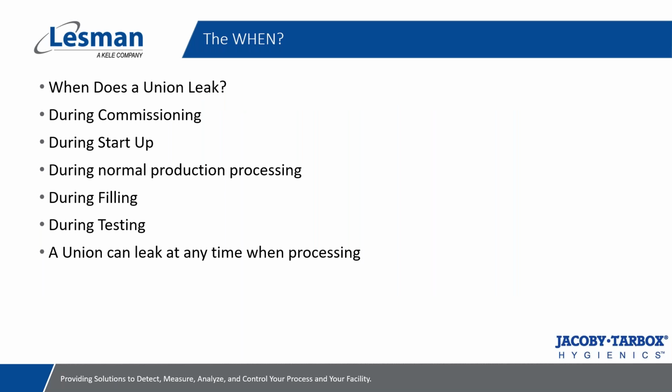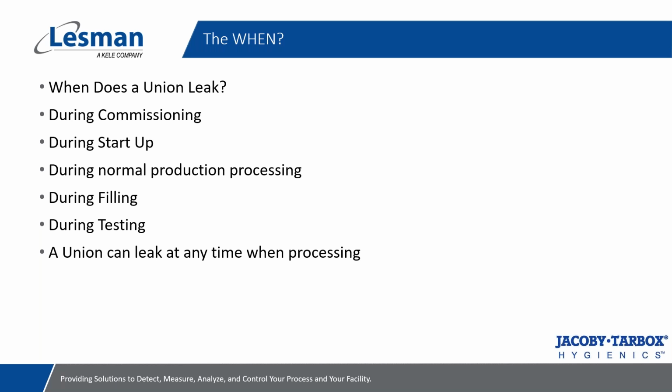When does a union leak? There isn't a specific time. Anytime that you're in process, whether it's during commissioning, right at your process startup, normal production processing, maybe during a filling application where you're filling your delivery devices, during any type of testing, a union can leak anytime.